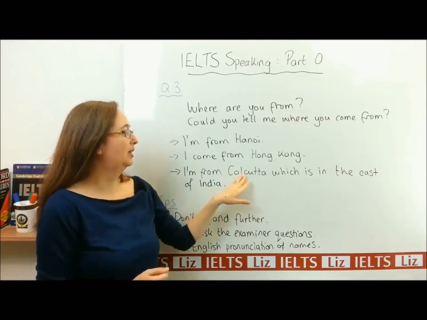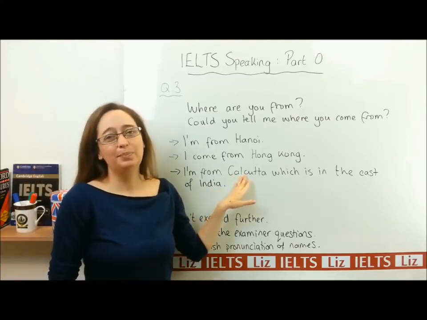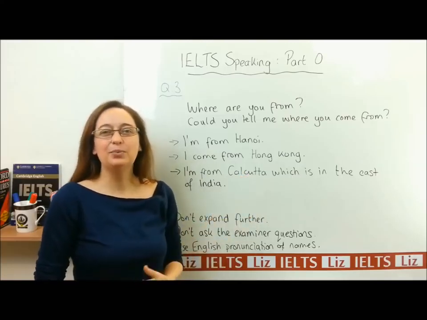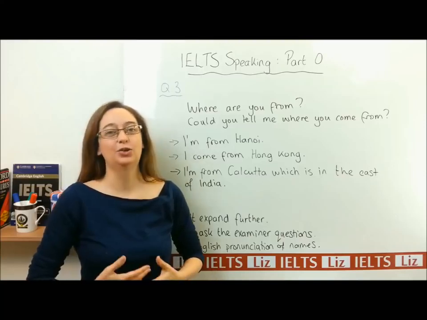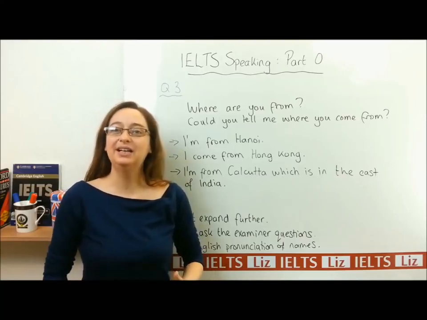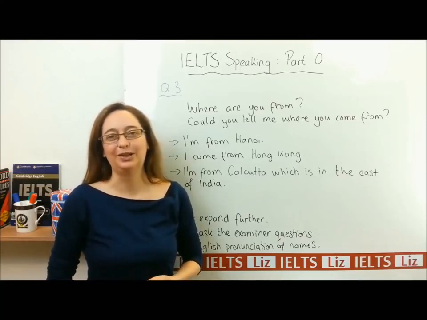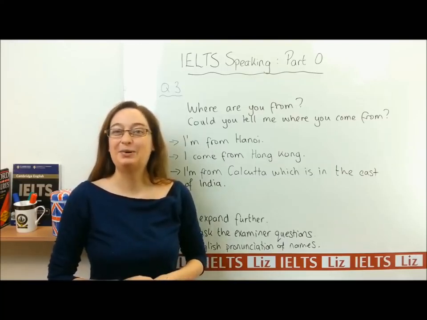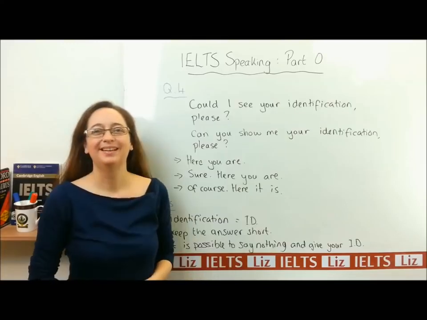Or, for example, Calcutta. Please don't say Kolkata. Please say Calcutta. The reason that we do this is because, again, you're showing the examiner that the English pronunciation is natural for you. Right, so let's move on to the last question, question number 4.